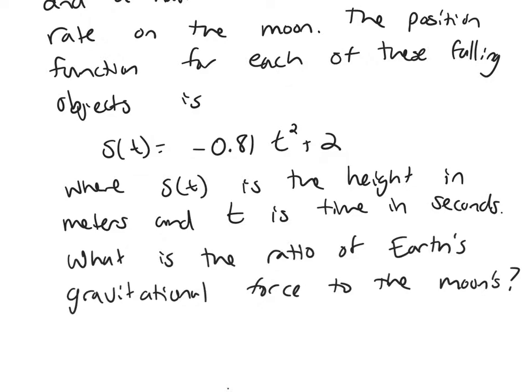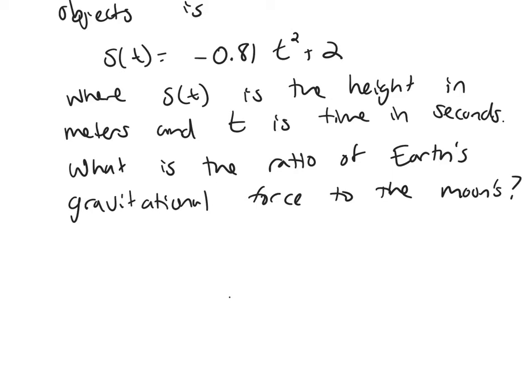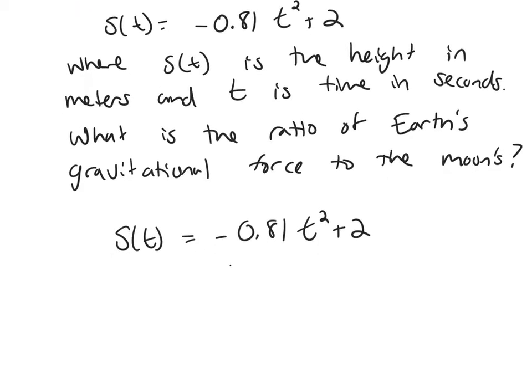Well, we're going to look at our position function, S of t, which was negative 0.81 t squared plus 2. And we're going to take the derivative of that. Remember, that gives us velocity, negative 1.62 t, using the power rule.